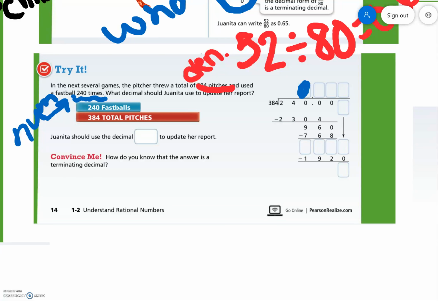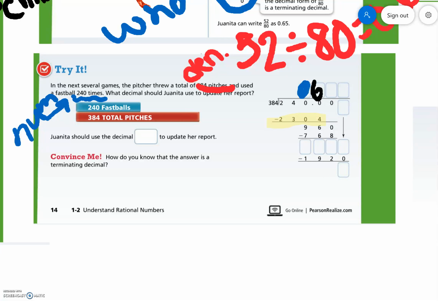Well, I will do 2,400 divided by 384 gives me 6 total. 384 times 6 gives me that nice number of 2,304. So we're going to subtract and get left with 960.